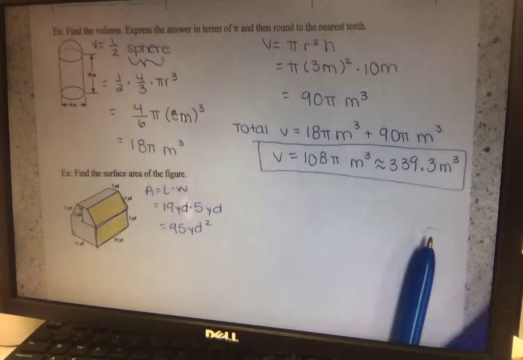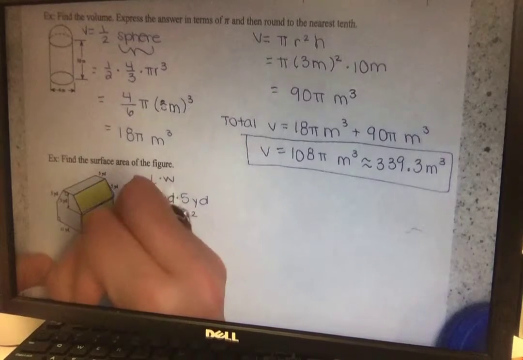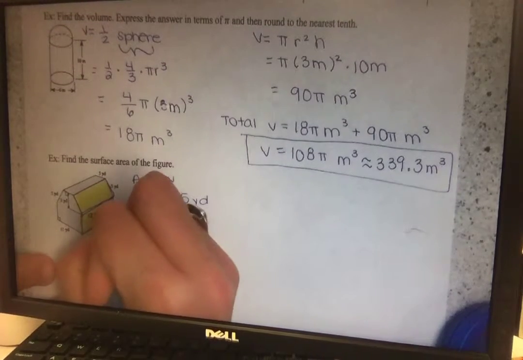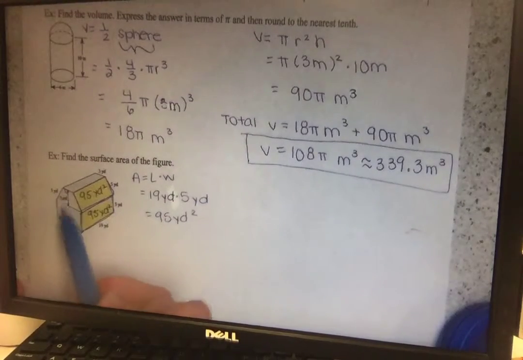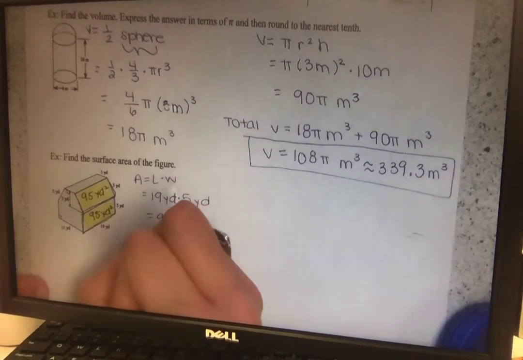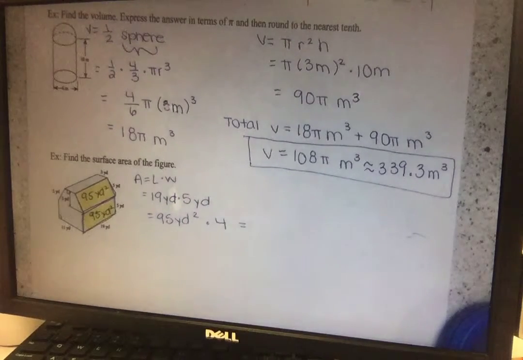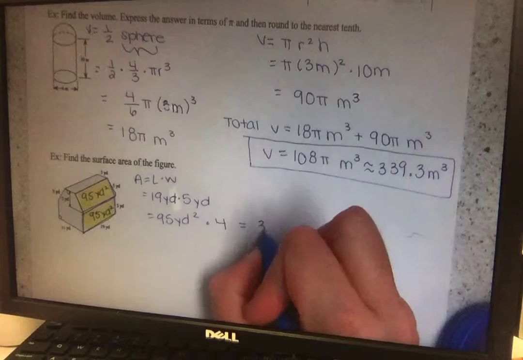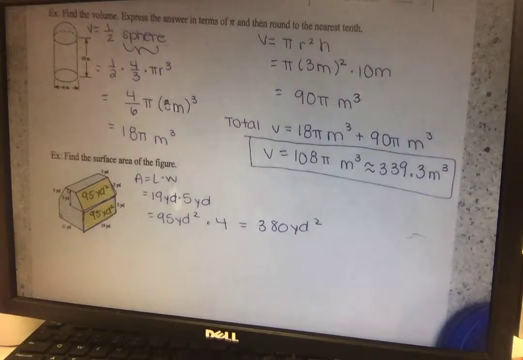So there should be 4 of those same rectangles total. So this is 95 yards squared, and on the flip side should be 95 and 95. So it'll be times 4, which will give us 380 yards squared.